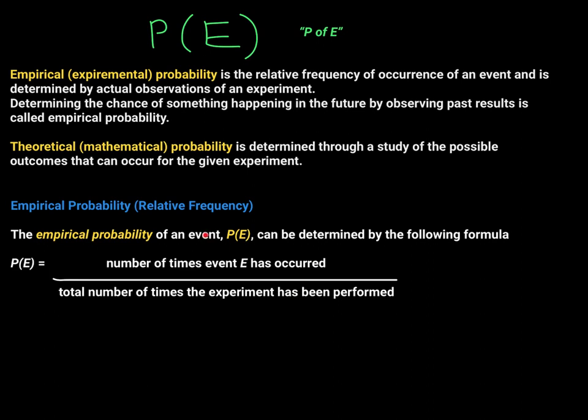So if this formula gives you 0, that means the event has never occurred. If this fraction is equal to 1, that means the event has always occurred. So remember that this will always be between 0 and 1 inclusive.